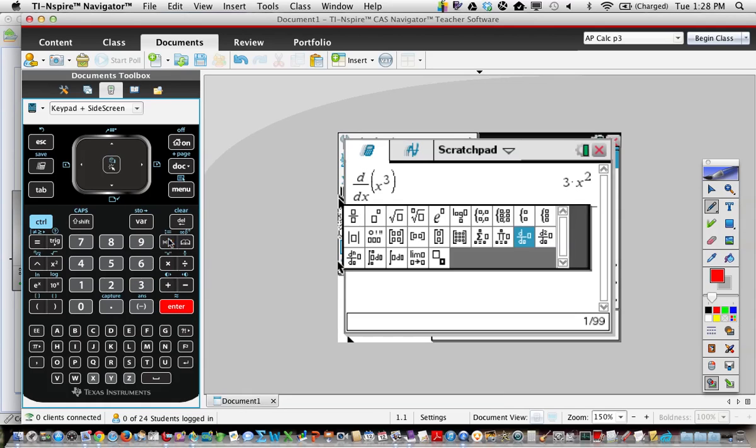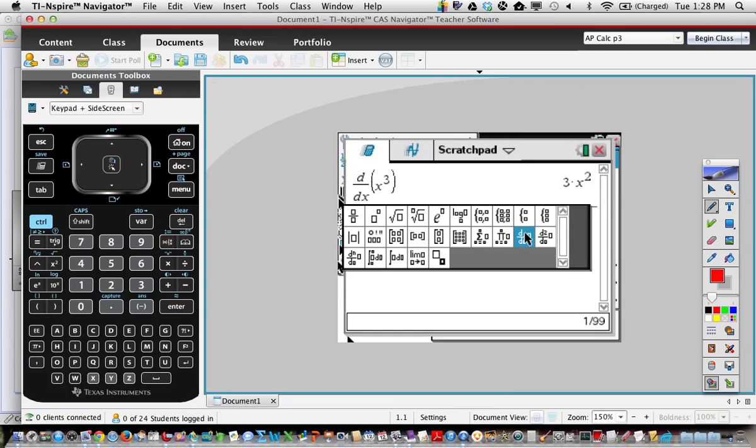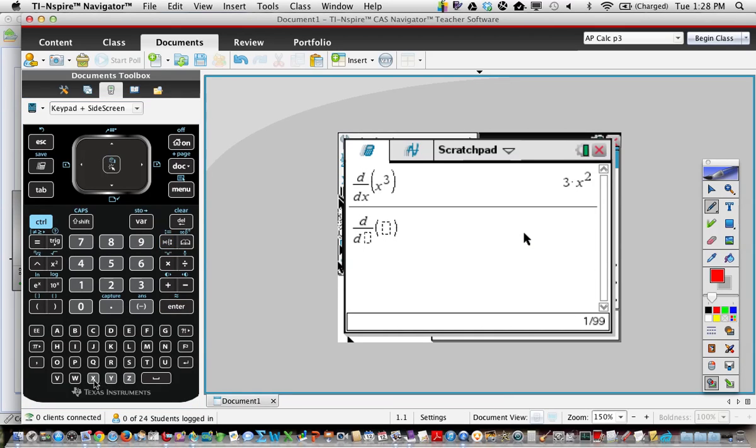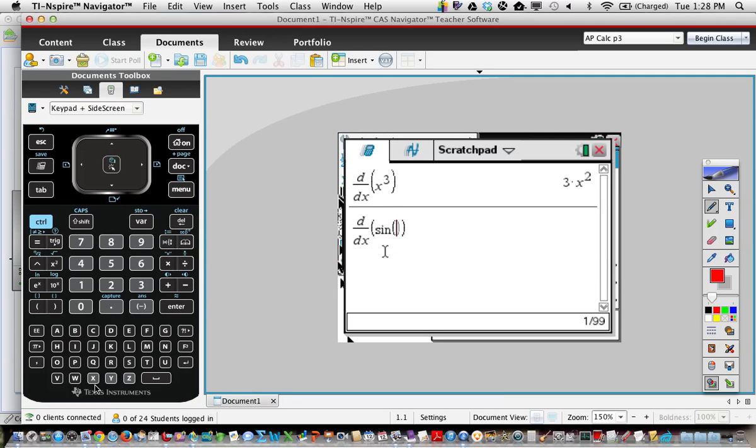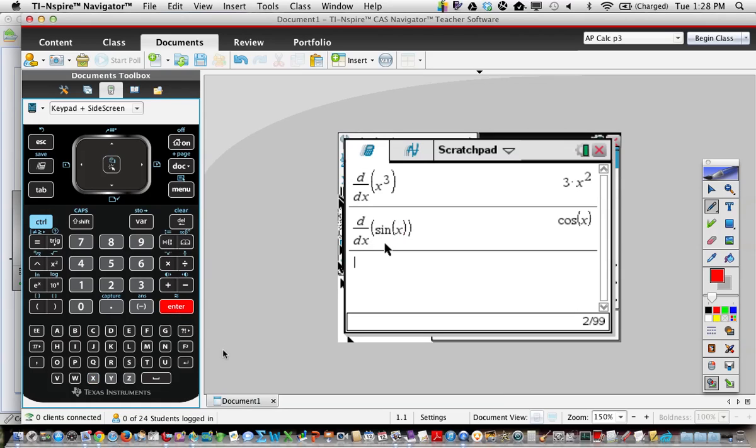You want to do the derivative of sine, okay, with respect to x, hit the trig button, sine x, derivative of sine is cosine. And so, if you really want to, you can type in that one we just had up on the board and see what the actual derivative is.